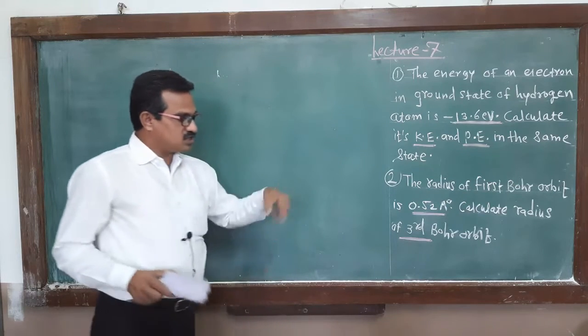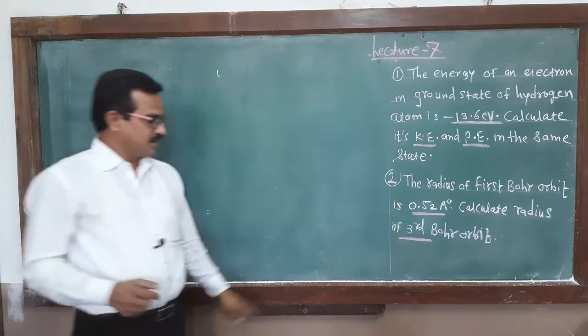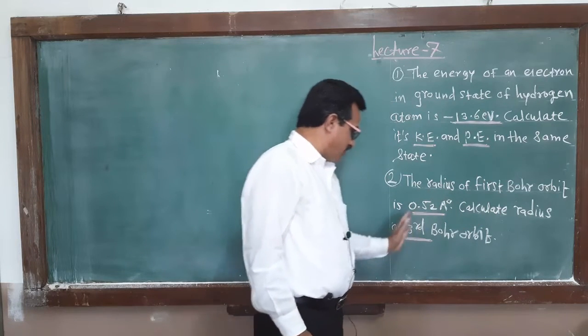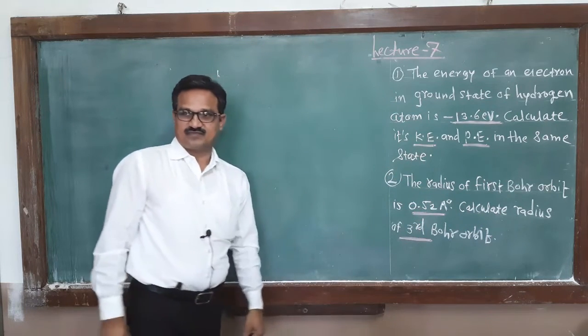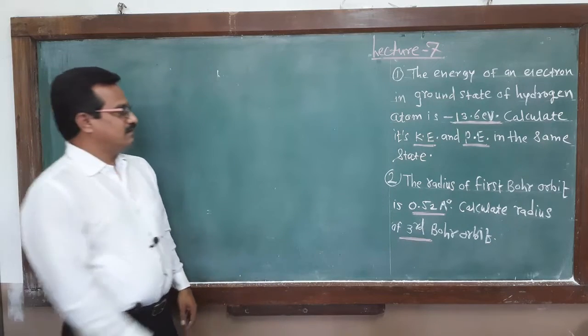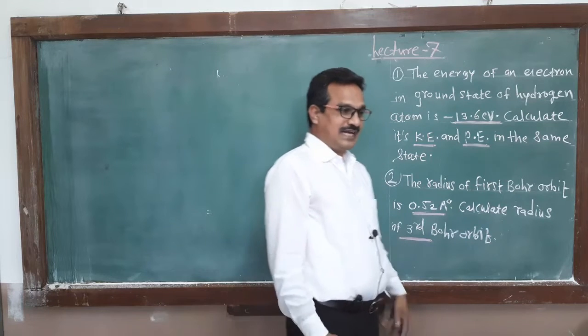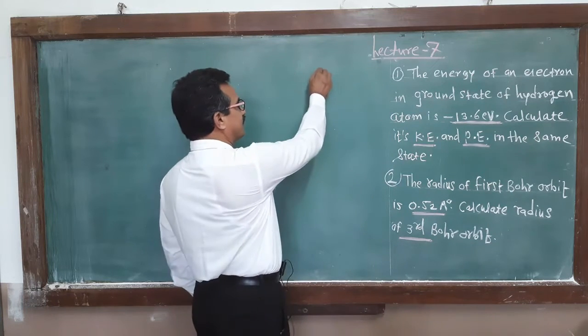Next problem: the radius of the first Bohr orbit is 0.52 angstrom. Calculate the radius of the third Bohr orbit. Again, read the problem carefully and decide what is given.